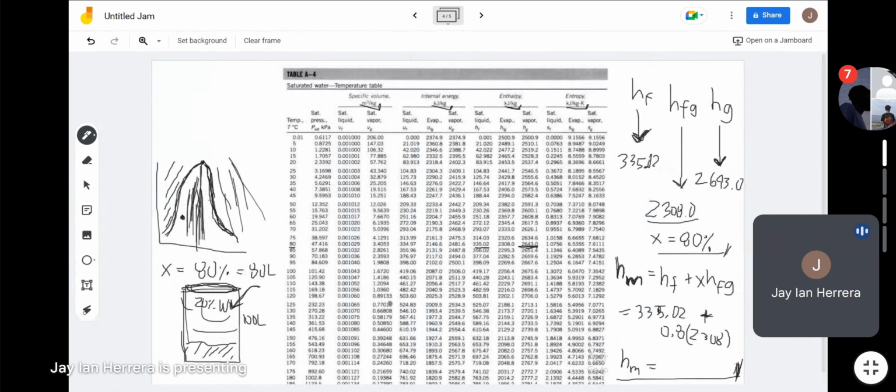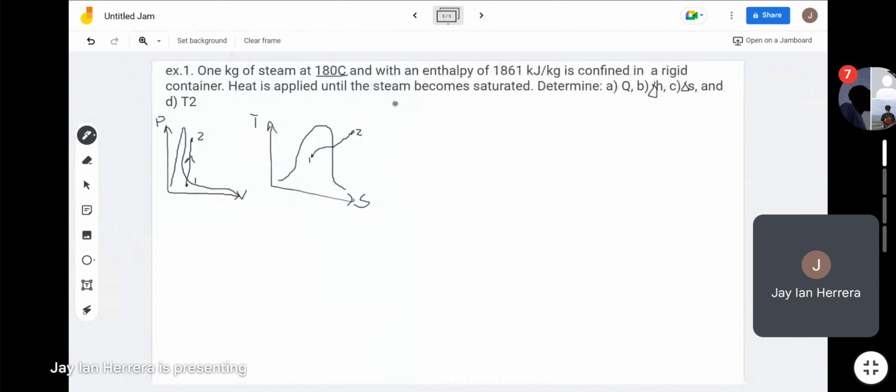Under 180, we have an internal energy UF of 761.92. U1 is equivalent to UF at TSAT, or saturated temperature. TSAT is 180 degrees Celsius.